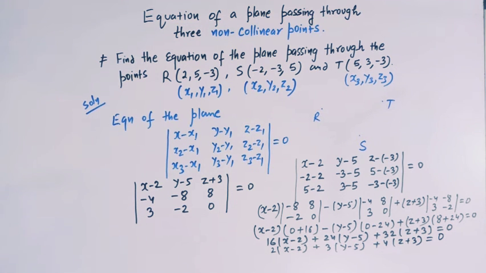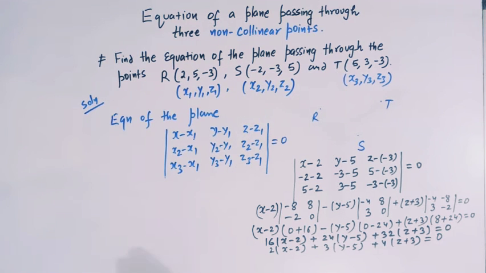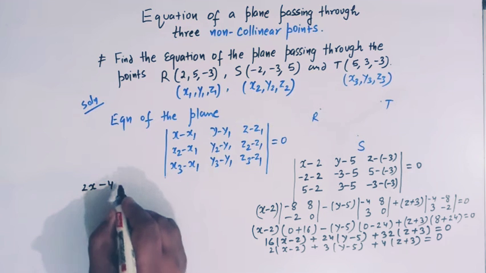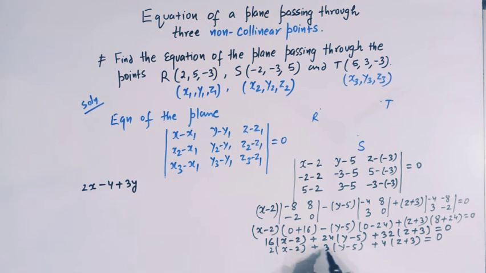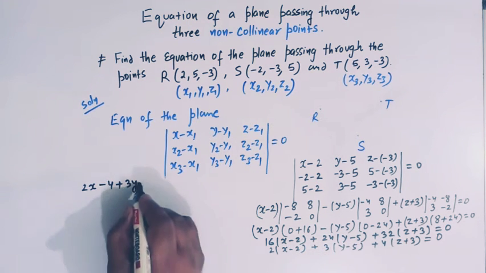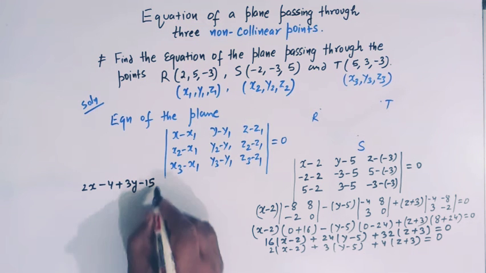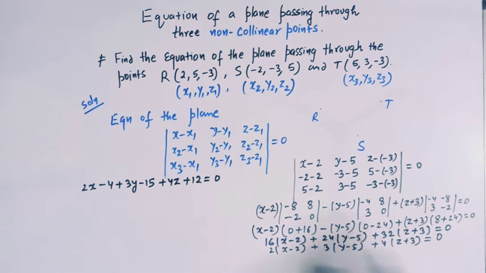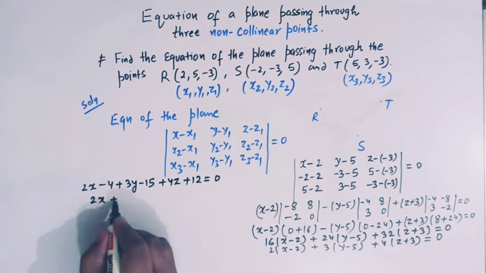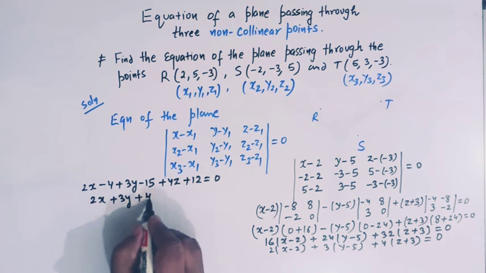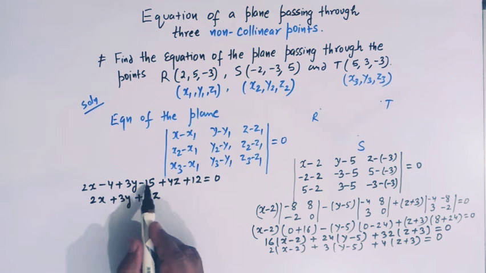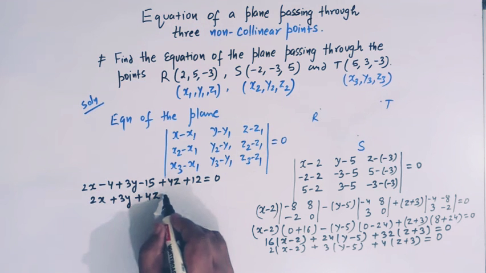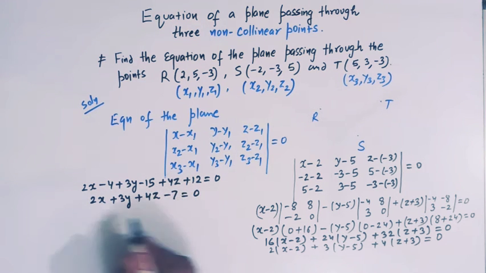Now this is 2x minus 4, then 3y minus 15, and 4z plus 12, equal to 0. So this is 2x plus 3y plus 4z, and here we have minus 15, and minus 4 is minus 19, plus 12, that is minus 7, equal to 0.